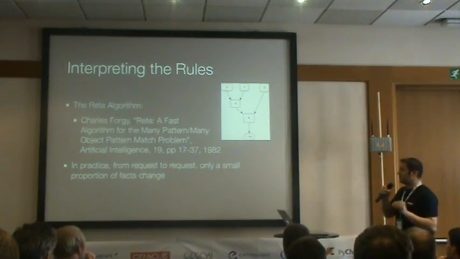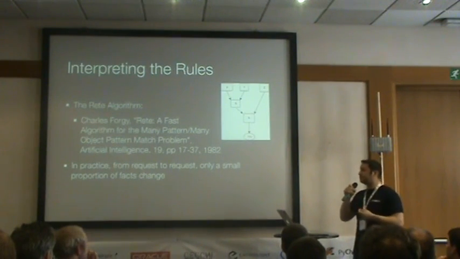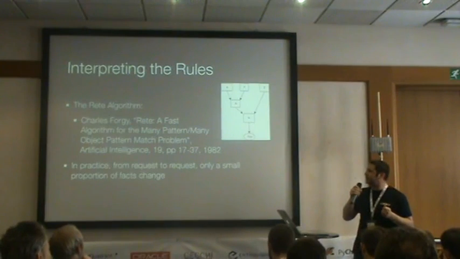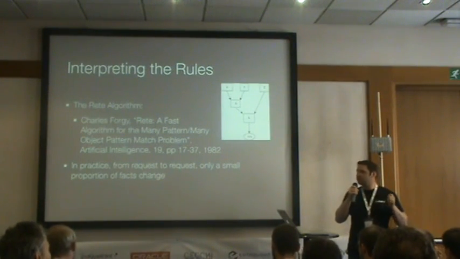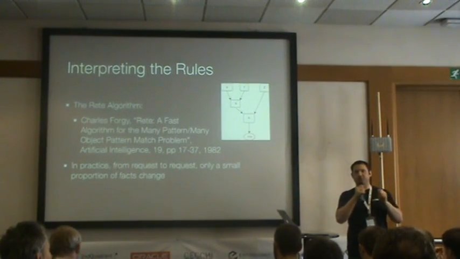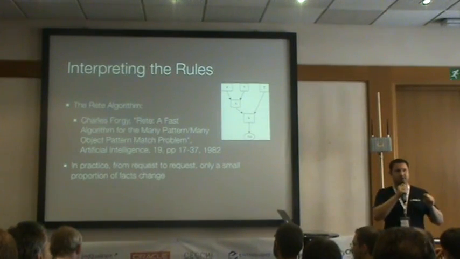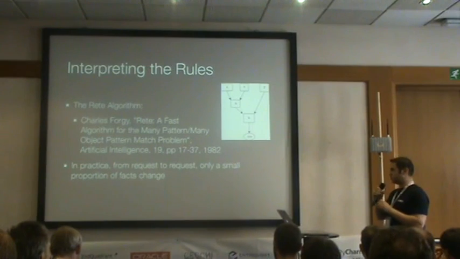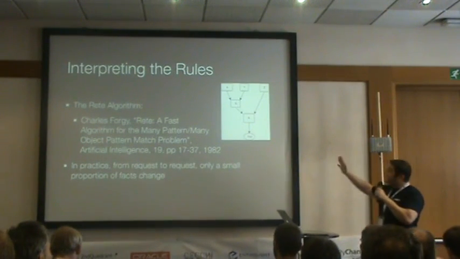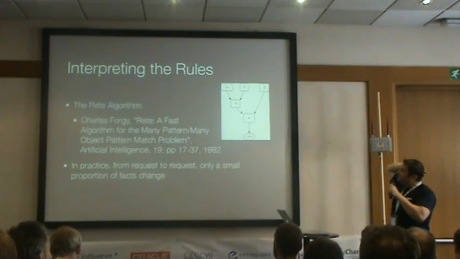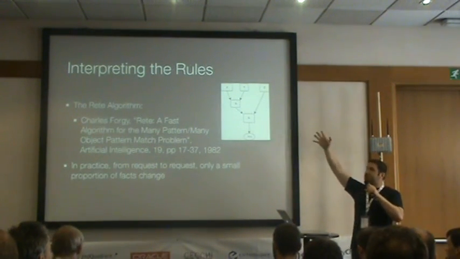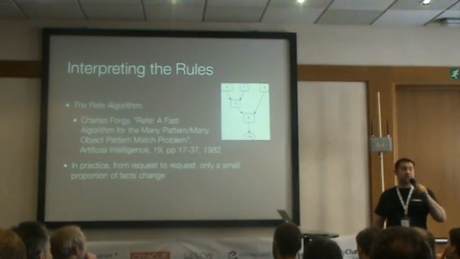And Charles Forgy realized this, that when you're designing a rule system, and the way that I believe that he put it was that even though the rules don't change, the majority of the facts don't change either. The facts of what it is that they've bought change in a much smaller proportion. So the idea is basically that you then create a graph of the actual conditions for a particular rule applying.